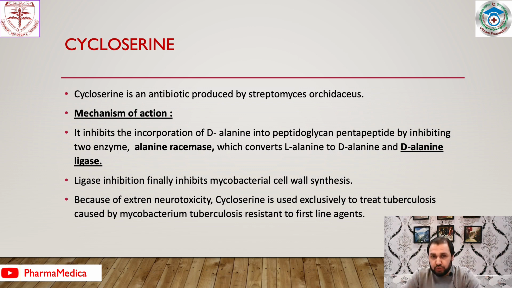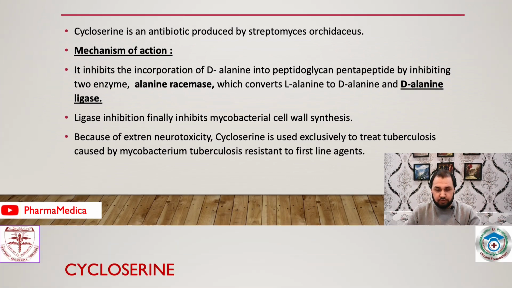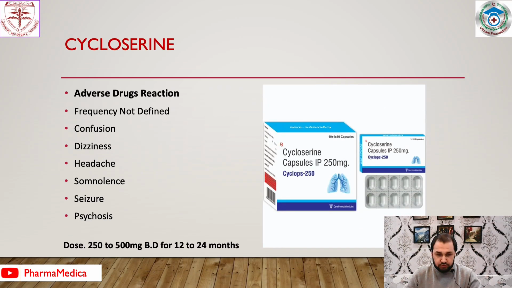So routinely we don't use this drug as an antibiotic because of its severe neurotoxic adverse effects. But in MDR or XDR tuberculosis, unluckily you have very limited options, so you will have to add this drug into the cocktail of therapy for the treatment of resistant tuberculosis.